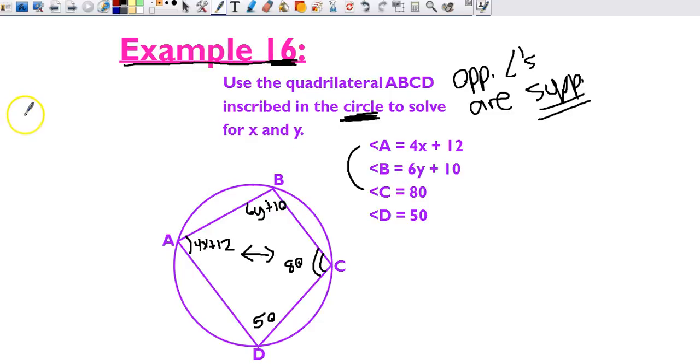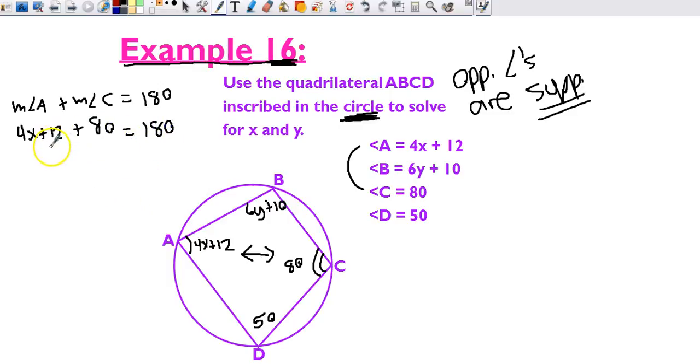So let's start with x. Here's what I know. The opposite angles, A and C, add to 180. So if I do 4x plus 12 plus 80 equals 180, I can solve that for x. Combining like terms, you're going to get 92.